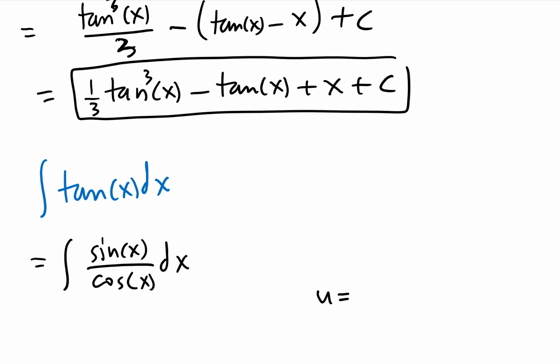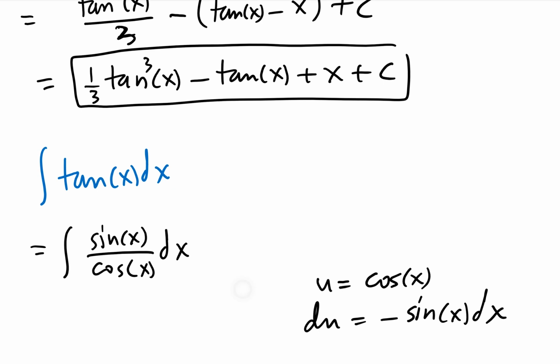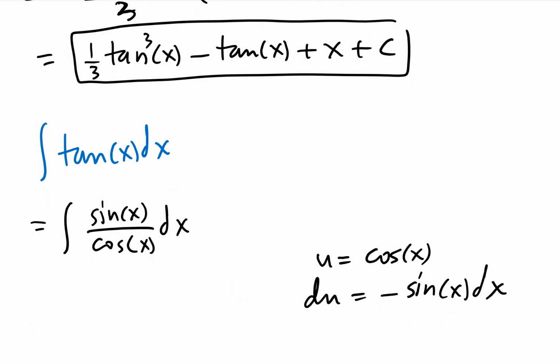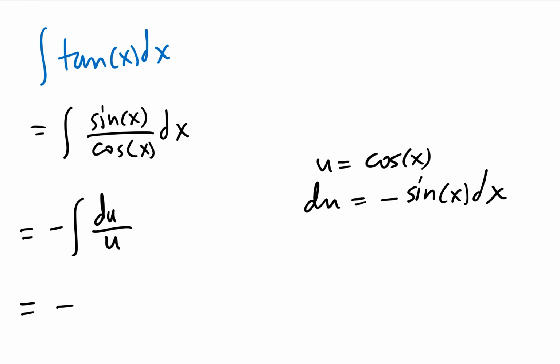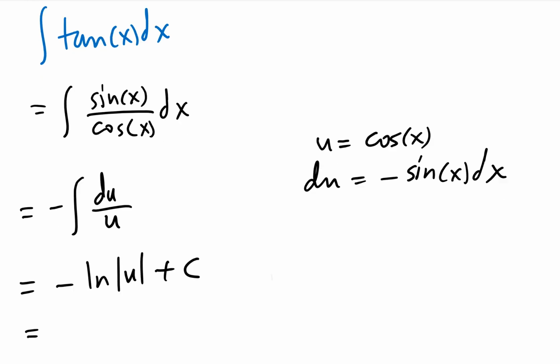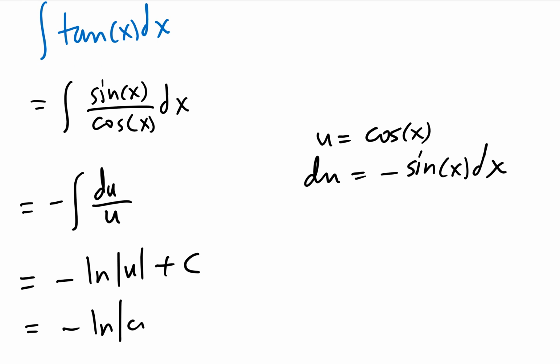U equals cosine x, du is negative sine x dx, like that. So you need the negative with negative, so that would give me negative du over u. So this gives me negative natural log of u plus c, negative natural log of cosine x plus c.